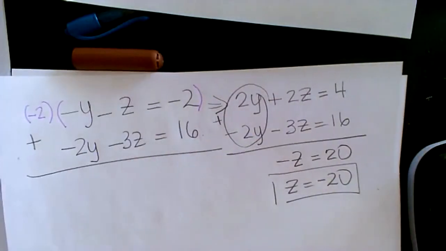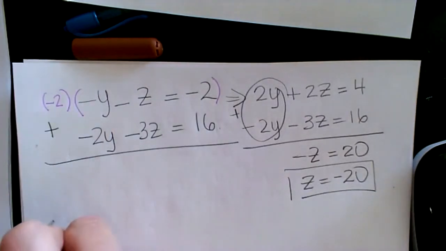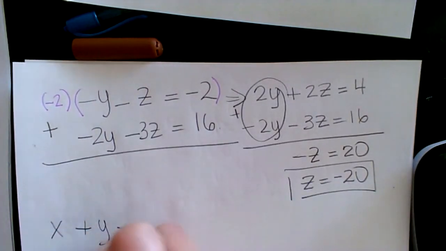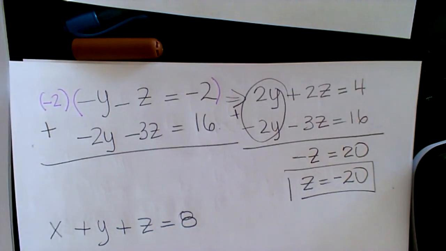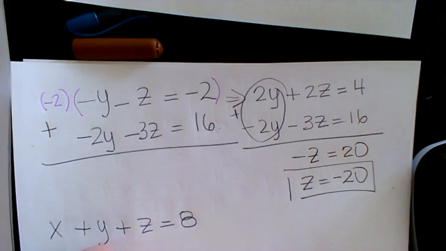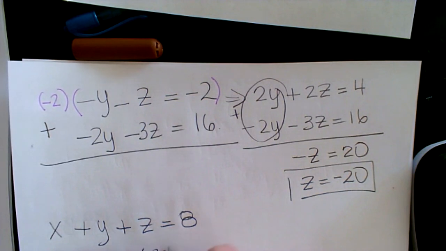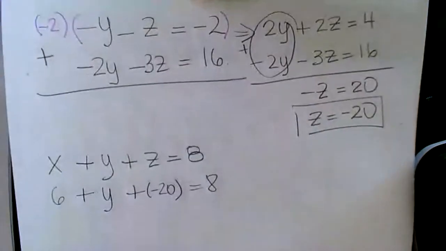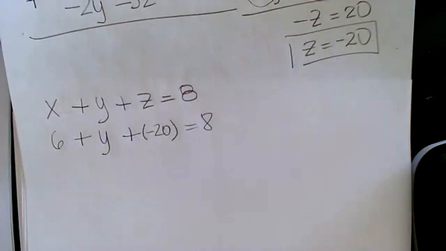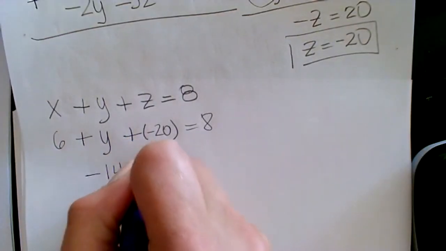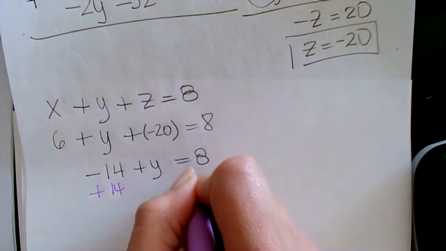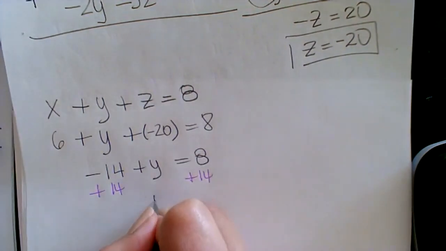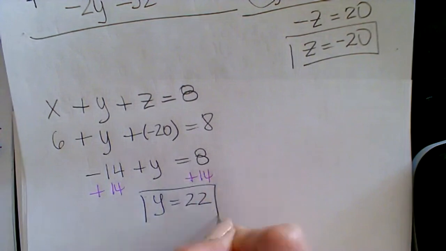So we have x plus y plus z equals 8. So we know x is 6. Y, we don't have it. And z, we know is negative 20. Okay? So 6 minus negative 20, that's negative 14 plus y equals 8. And if we make a 0, we get y equals 22.